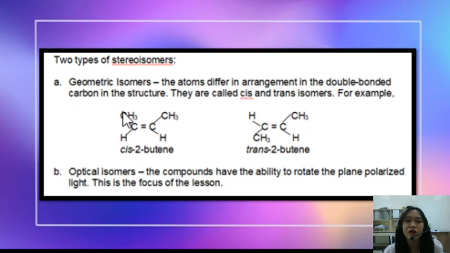So when you say double-bonded, doble ang bonds na makikita mo. So this is a single bond kasi isang line lang. When you say double-bonded, dalawa ang bonds, double bond or double ang linya. Okay. So the difference in the cis and the trans can be seen on the different functional groups na nakadikit doon sa dalawang carbon or double-bonded carbons.